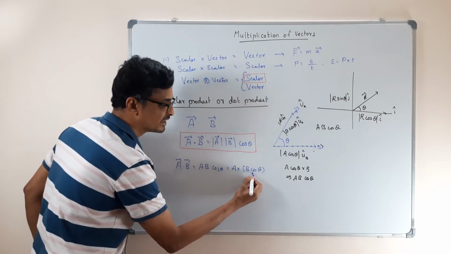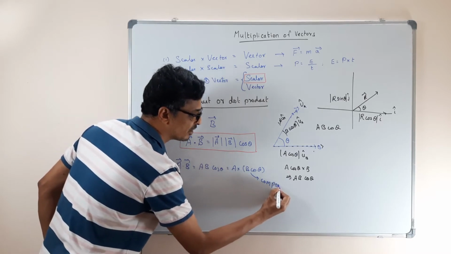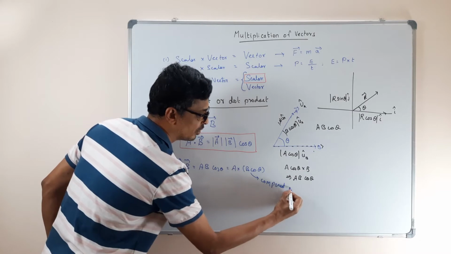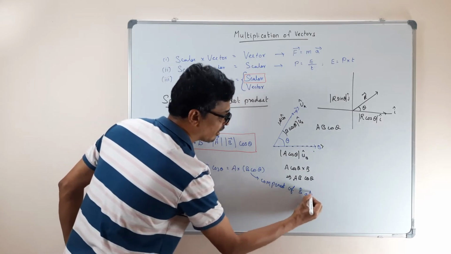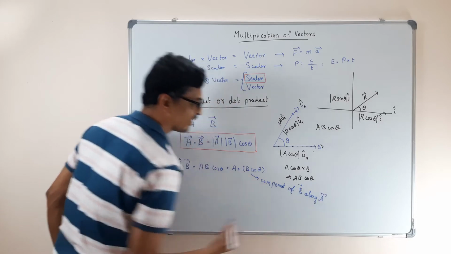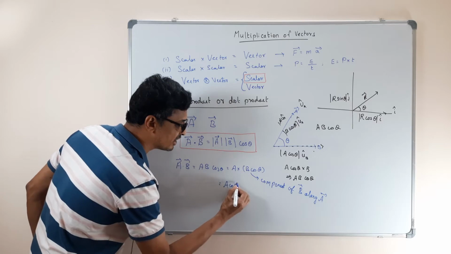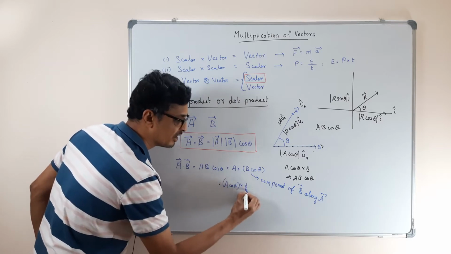That is what this is. B cos theta is the component of B along A. Correct?